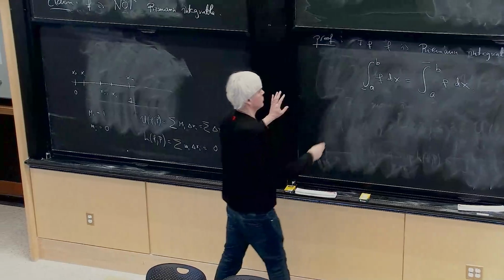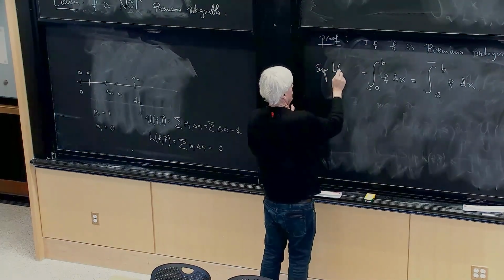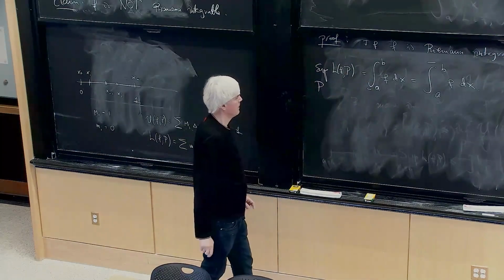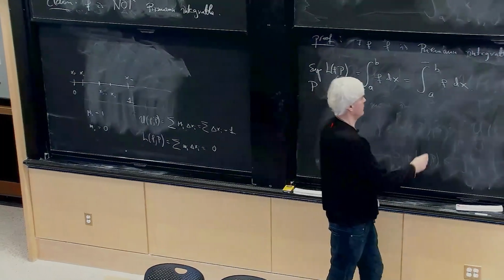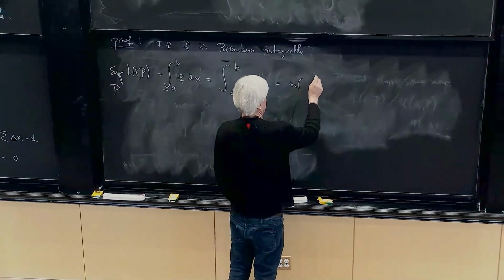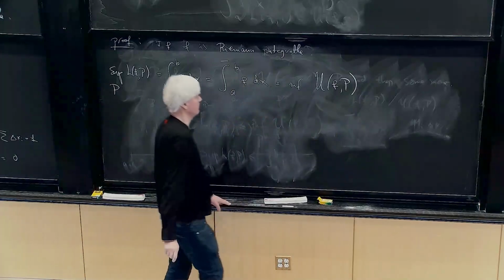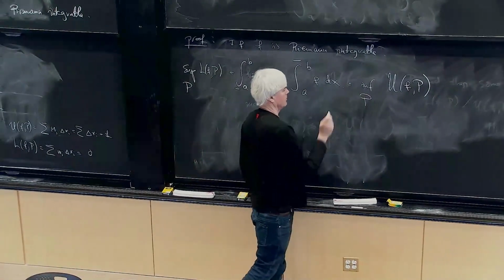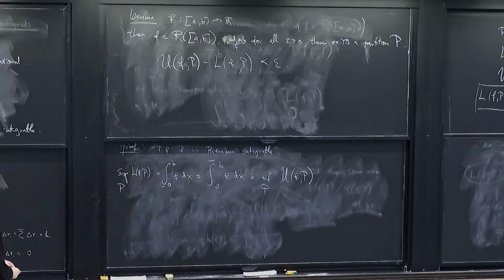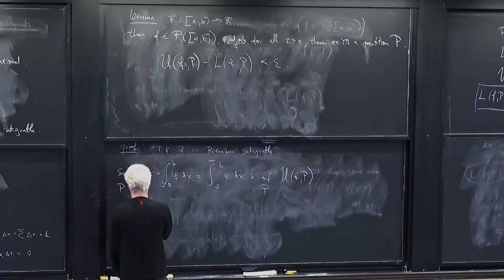This here was the sup of all lower sums over all partitions, and this here was the inf of all upper sums over all partitions, right?